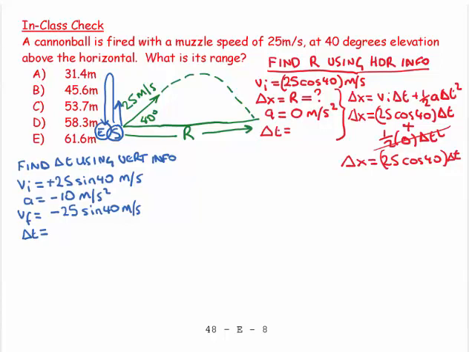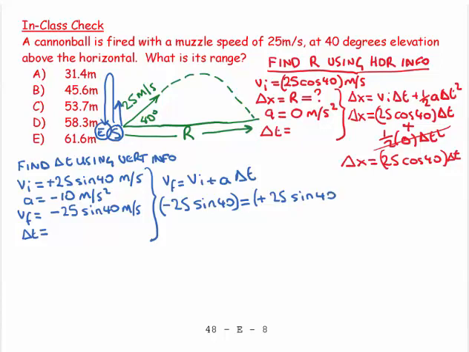So I can say, yes, very nice. VF is equal to VI plus A delta t. So minus 25 sine 40 is equal to VI plus 25 sine 40 plus A minus 10 times delta t, which is what I want to find.